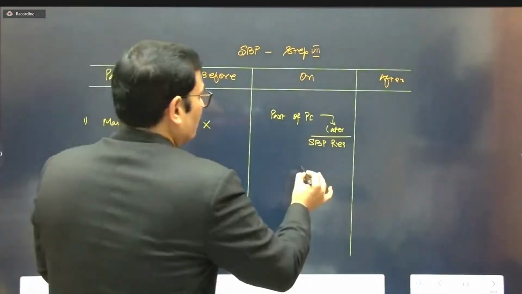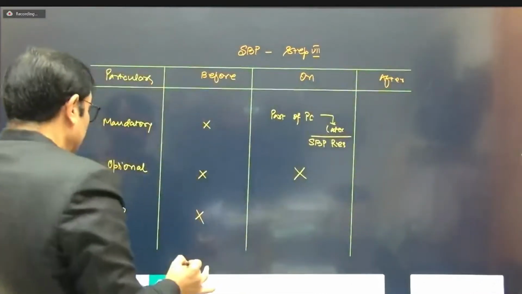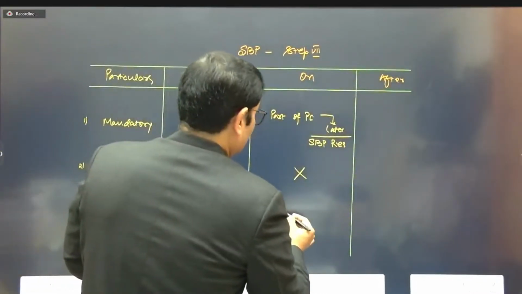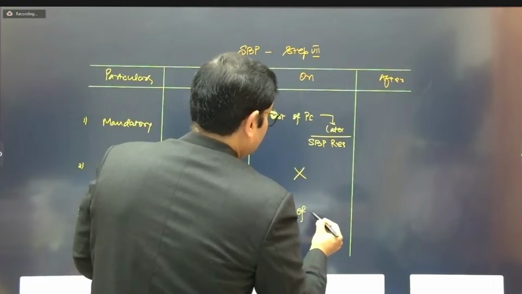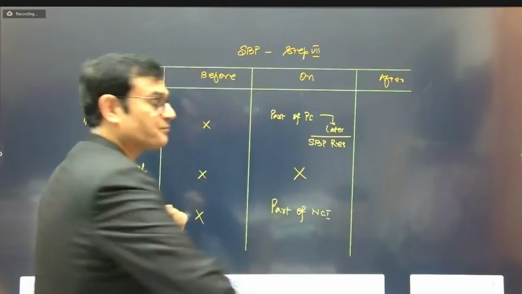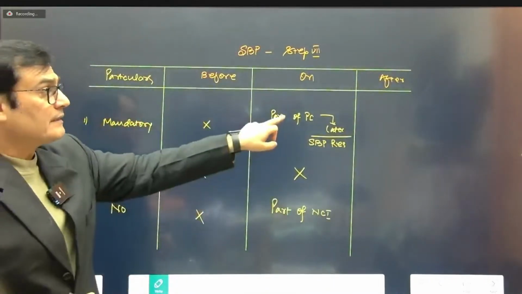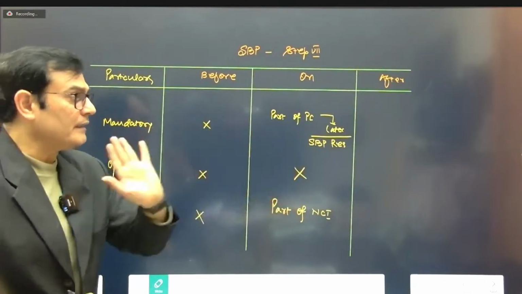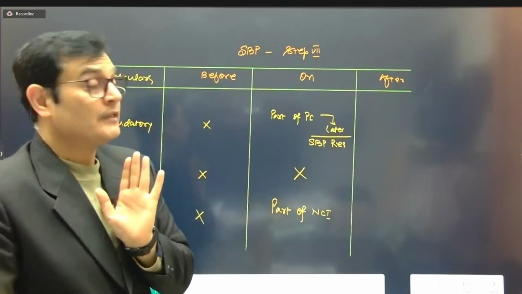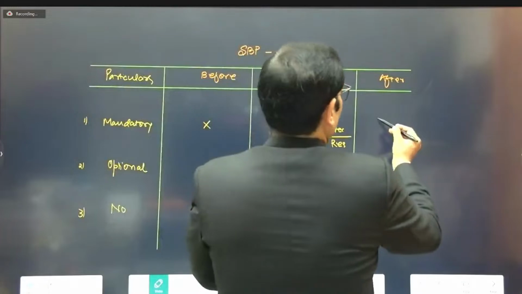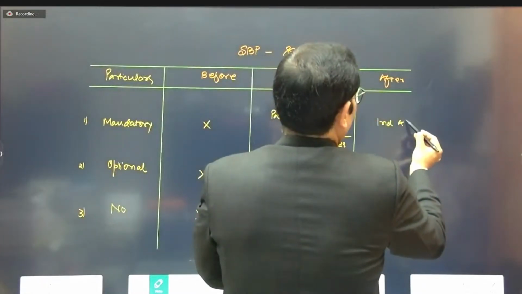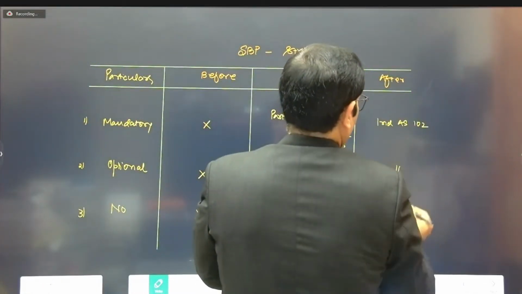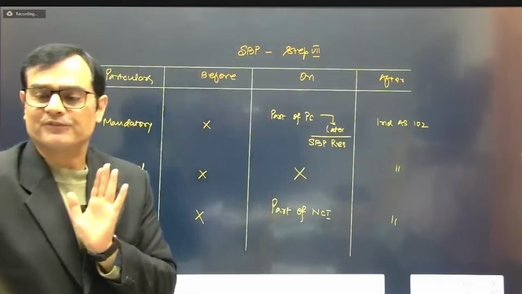If it is an optional replacement, nothing to be done. In this particular case, it is a part of NCI in the acquisition entry. So in this case, it's a part of the PC. In this case, it's a part of the NCI. And in this case, nothing to be done. And what is common is that you're going to apply Ind AS 102 in all the cases.